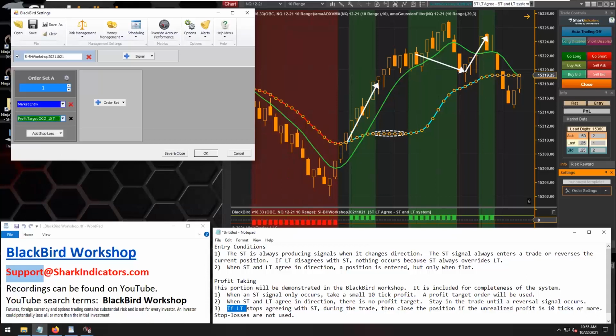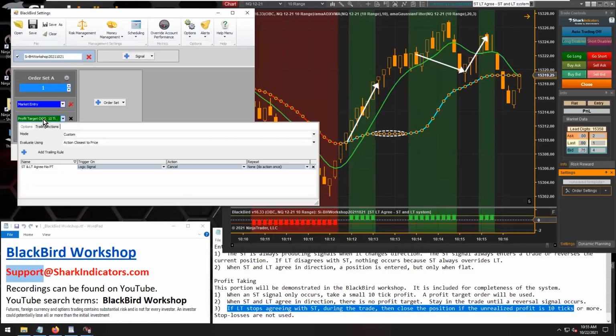So now, if the long term stops agreeing with the short term during the trade, then close the position if we have 10 ticks of unrealized profits. We can also do that within a trailing rule here.